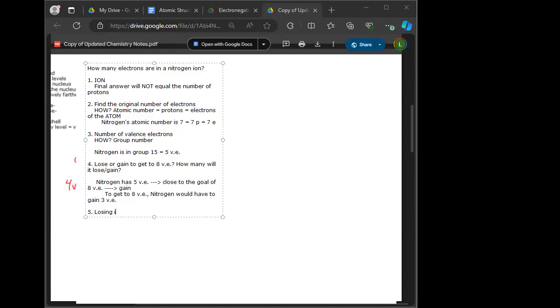Losing is subtracting, gaining is adding. So nitrogen started with 7 electrons. When it's an ion, it gains 3 more. So 7 plus 3 is 10.